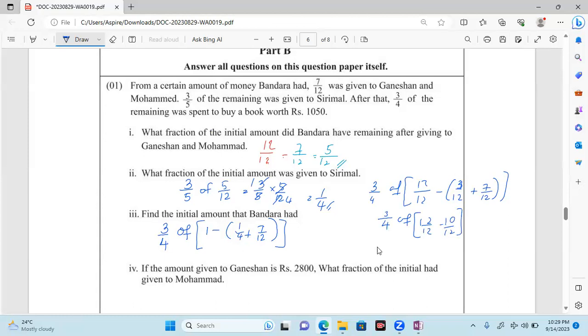Okay. Then 1/4 of 2/12. It is 1/4 multiplied by 1/6. Answer is 1/24. Okay. Find the initial amount that Bandara had.